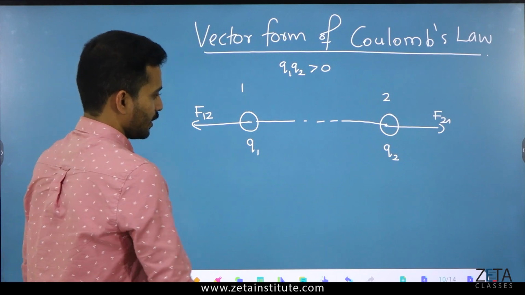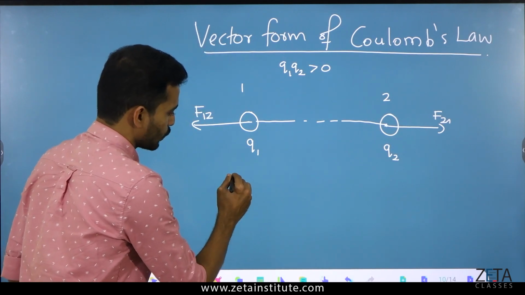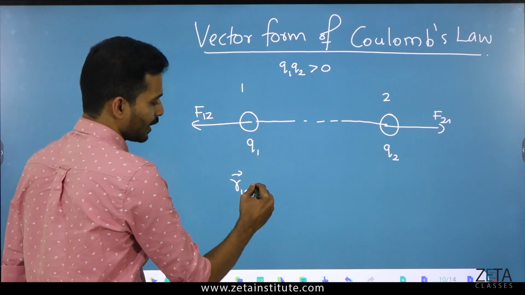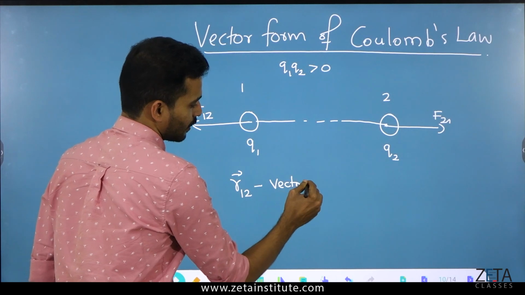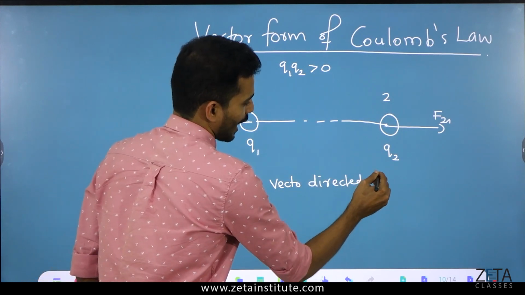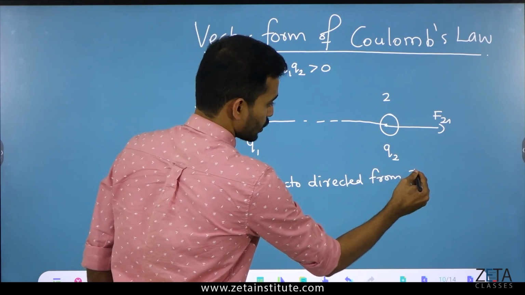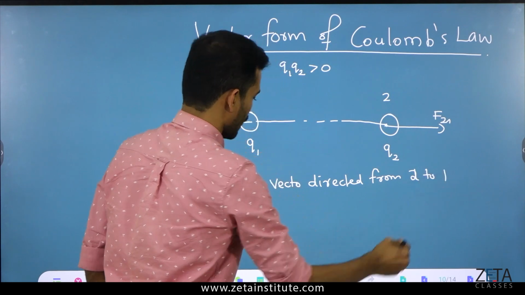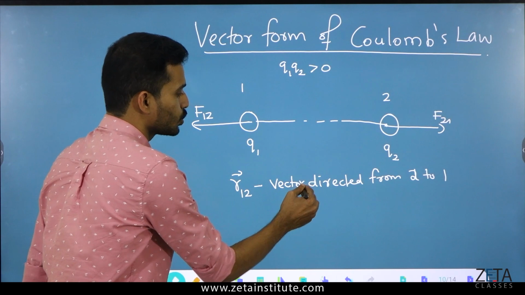Then I am introducing another vector, that is R12. R12 is the vector directed from 2 to 1.